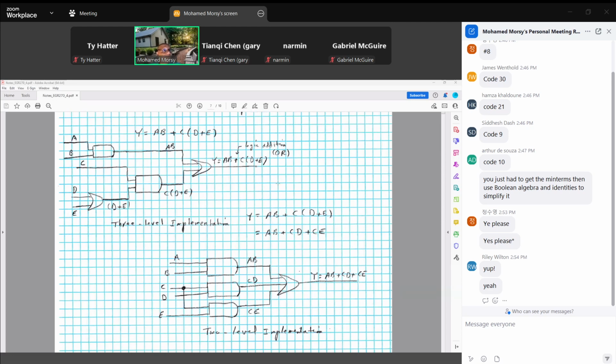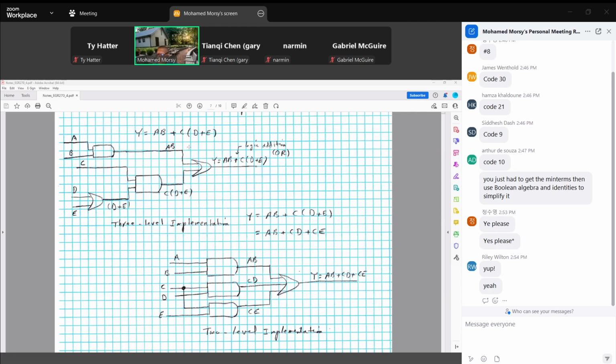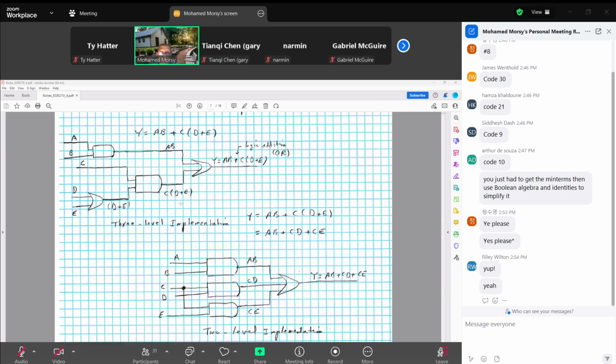If we are given the Boolean expression, which is the output function, can we draw the circuit like this?